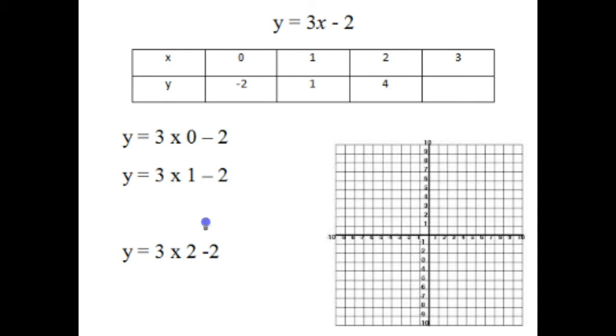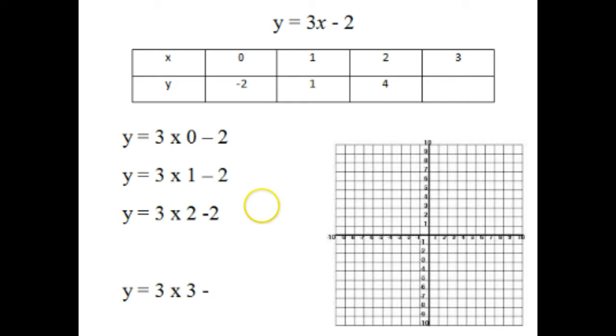And then lucky last one, y equals 3 times 3 minus 2 is 9 minus 2, which is 7. So that's the steps that you need to go through in order to complete your table.